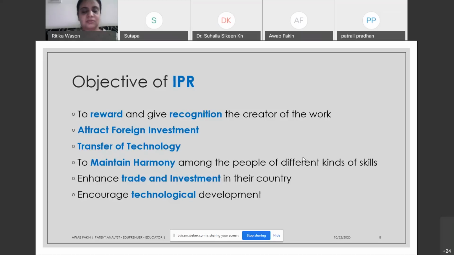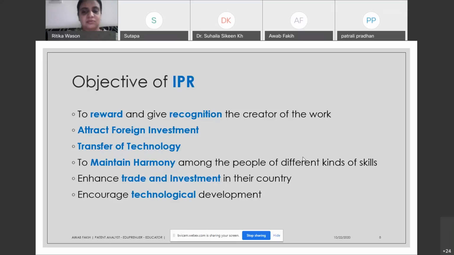There could be chaos between people from different fields. So it is necessary to safeguard the interest of the owner of the work in every field. IPR is very important to protect the rights of artists, farmers, technical people, traders, and so on.